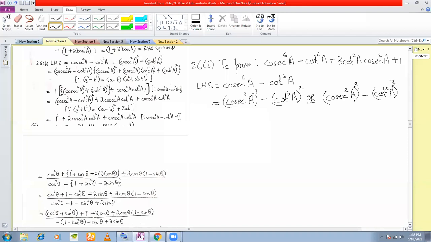That is, you can break this up as a difference of two squares or a difference of two cubes. Either way, it is going to work. In the notes I have solved it this way. So let's try it the other way. Suppose I break it up in this manner, then what would happen?